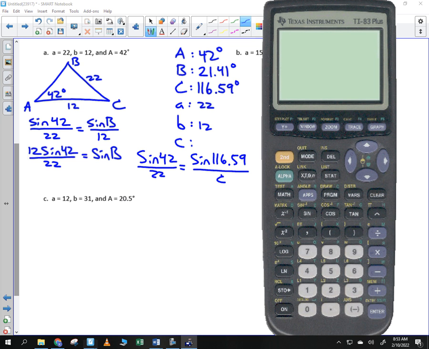Notice how we're going to multiply by these two, and we'll divide by that one. 22 sine of 116.59 divided by sine of 42. Am I solving for an angle or a side? A side. And so that's my answer, 29.4. Should that be the largest side? Yeah, it should.